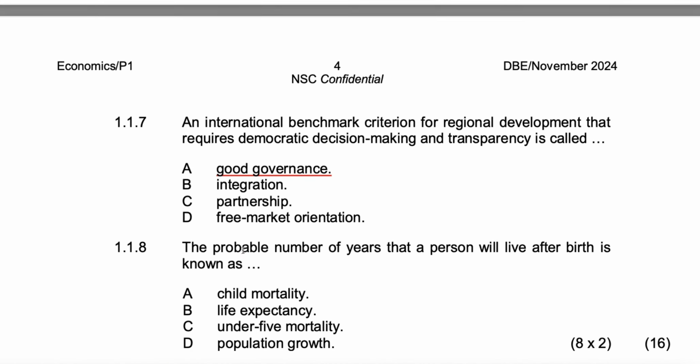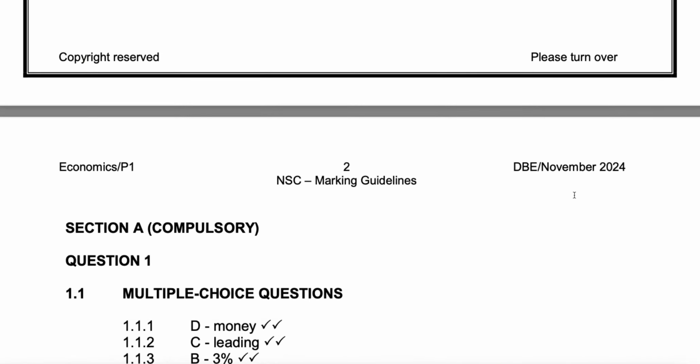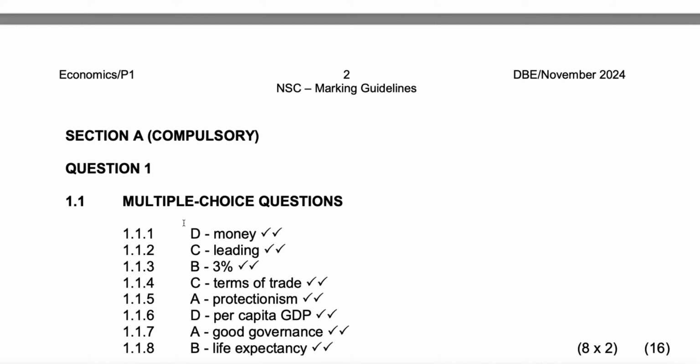Then you come to the last one. When you come to the last one, it then says the probable number of years that a person will live after birth is known as, this is obviously life expectancy. So now that we are done, we are skipping number 7. We want to see if number 7 is for sure A. If we come here now to the memo, what we are going to see, because I'm avoiding scrolling up and down.